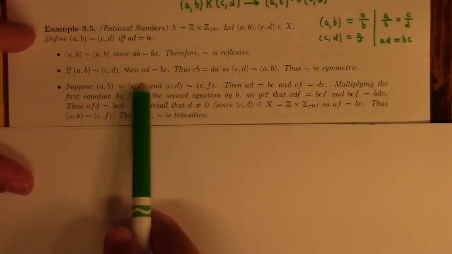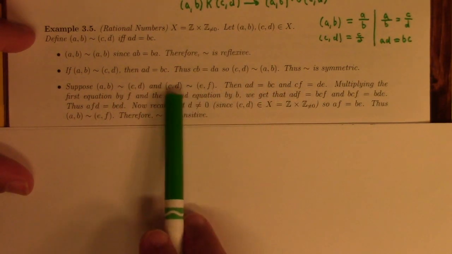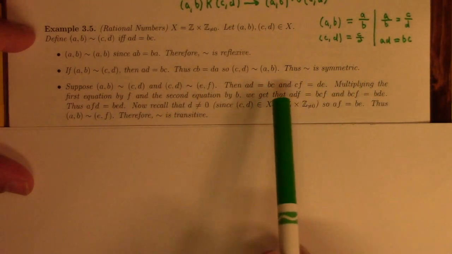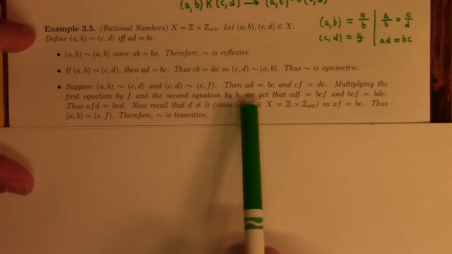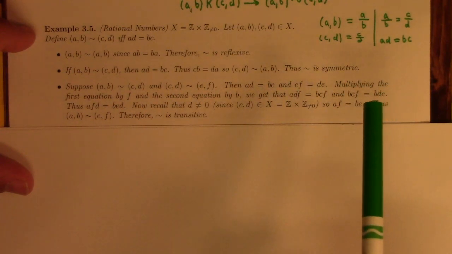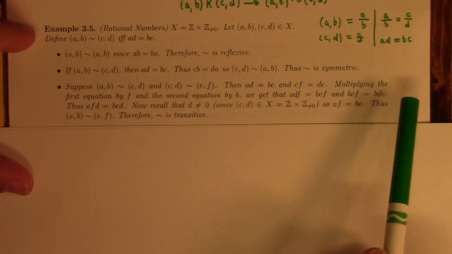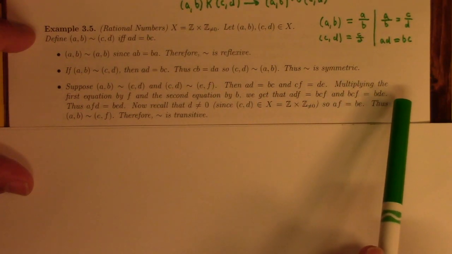So this relates to that, gives me AD equals BC. This relates to that, gives me CF is related to DE. Multiply the first equation by F and the second equation by B, which we can do because they're both non-zero. That gives us ADF equals BEF and BCF is equal to BDE.